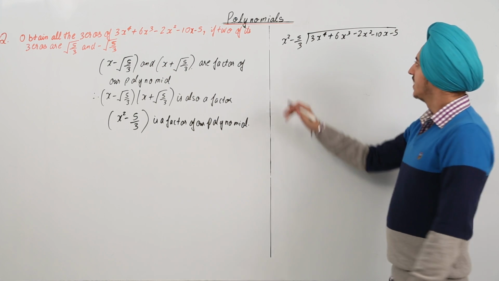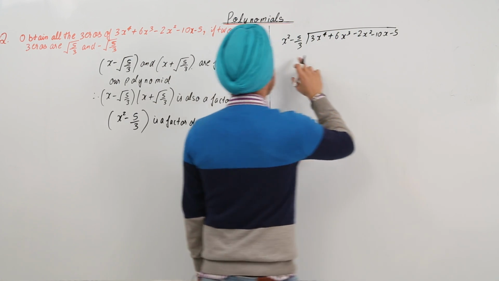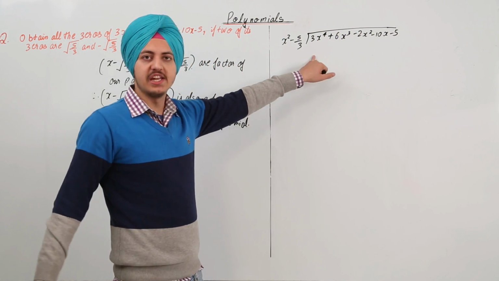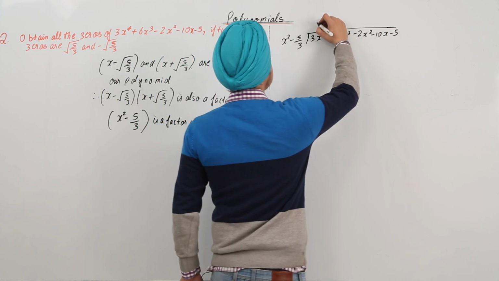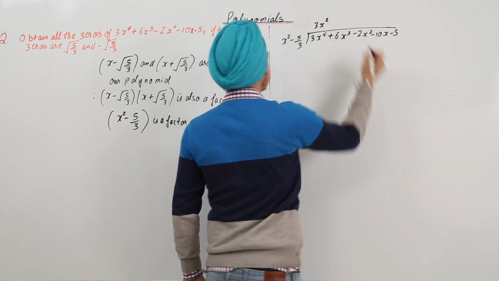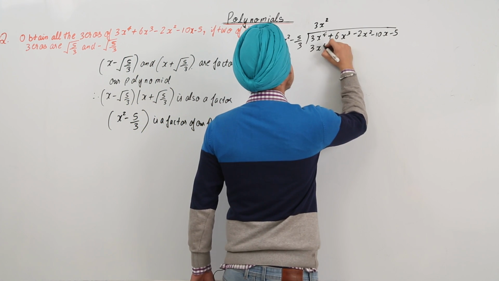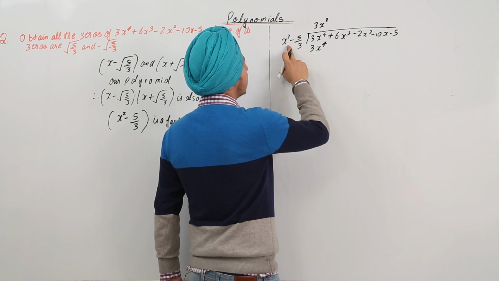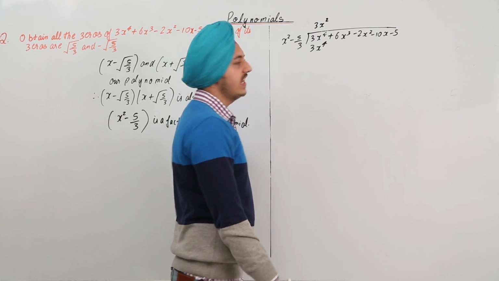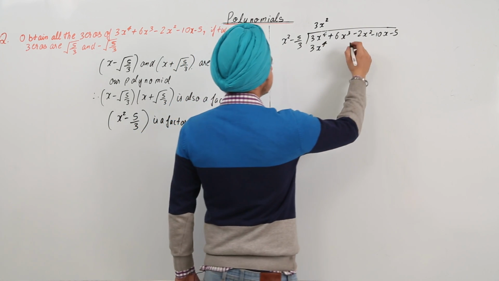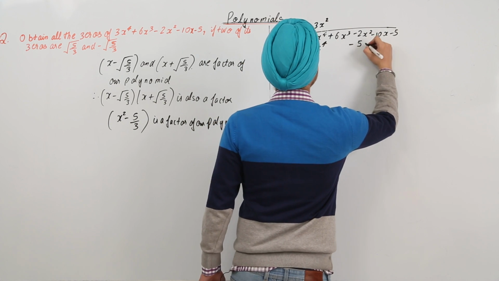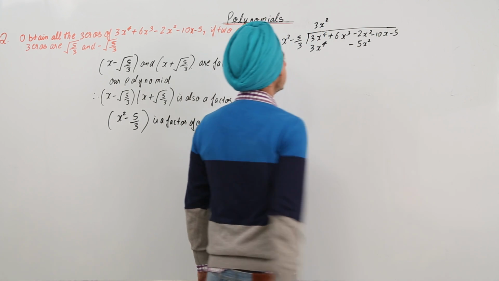Correct? Now x^2, what should be multiplied with x^2 so that we get 3x^4? I say 3x^2. Correct? So 3x^4 over here, minus 5/3 into 3x^2, this gives us minus 5x^2.